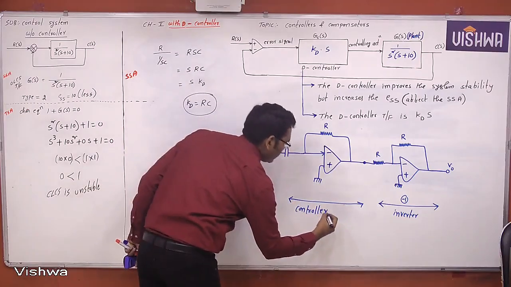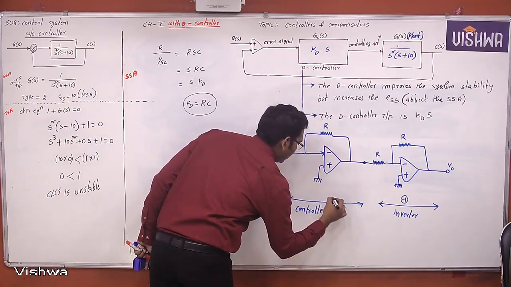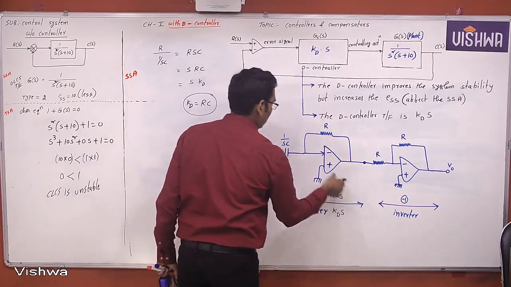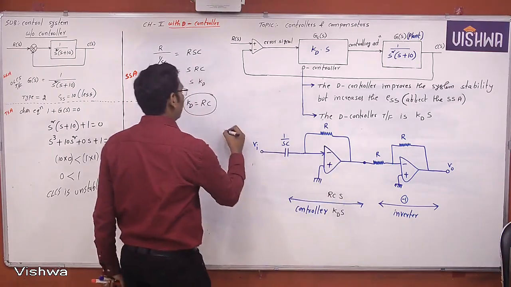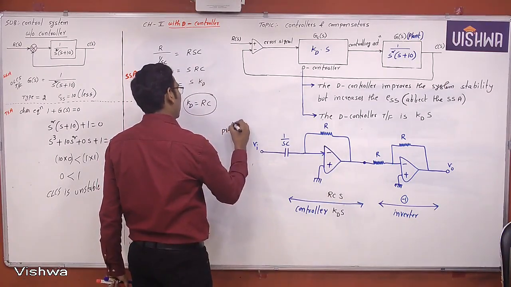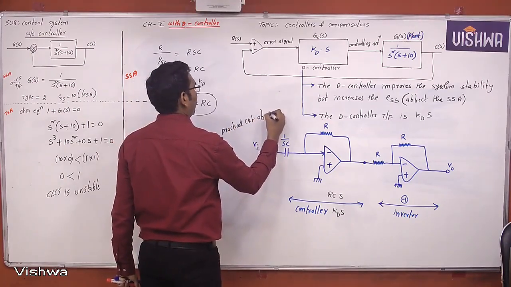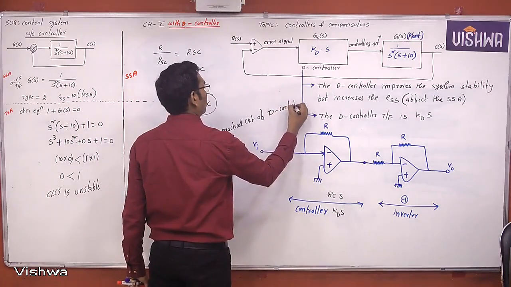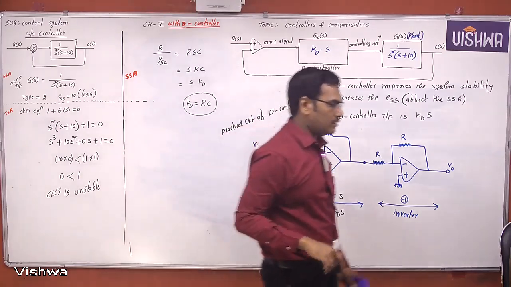So the control transfer function is KD into S, and here it is RC into S. This is the control transfer function, and this is the inverter. This is the practical circuit of the D controller. Note down.